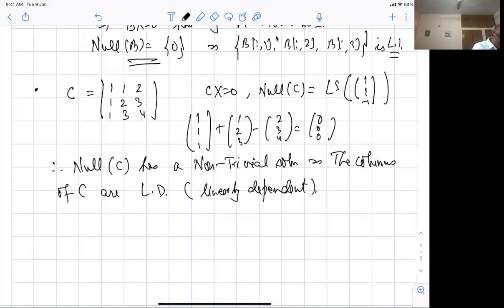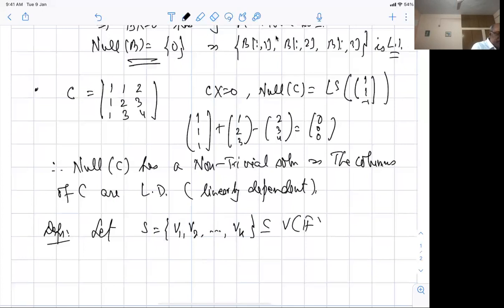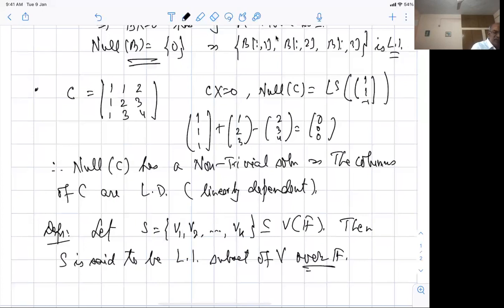So let me write the definition formally. Definition. Let S equal to {V1, V2, ..., Vk} be a subset of a vector space V over F. Then S is said to be a linearly independent subset of V over F. Again, I'm stressing over F because the solution set has to be over F itself.